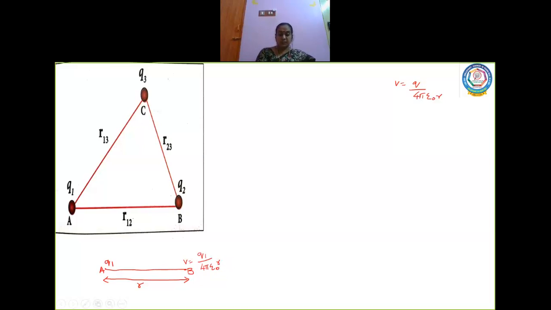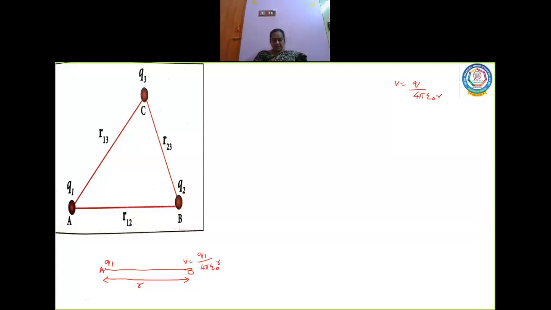So the potential at B due to the charge Q1, which is at a distance of R, is V is equal to Q1 by 4 pi epsilon naught R. This is the formula for electric potential due to a point charge.